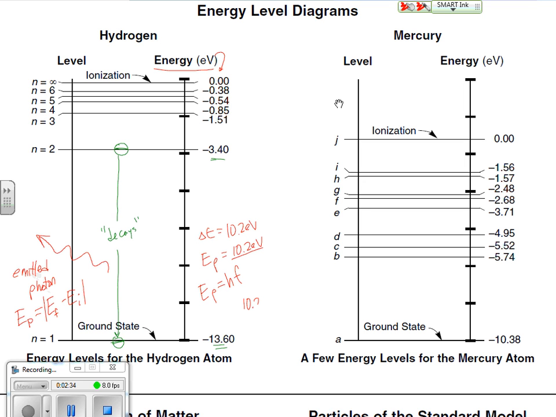Here's how you do that. I want to get rid of eV and end up with joules. The conversion is 1 eV, by definition, is 1.6 times 10 to the negative 19th joules. The eVs divide away, we're left with joules. Wonderful. And now we could find the frequency of that photon.